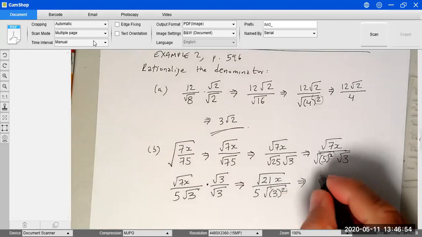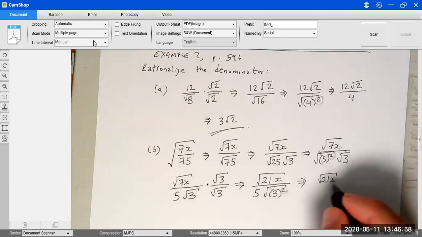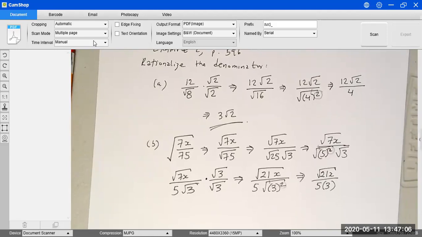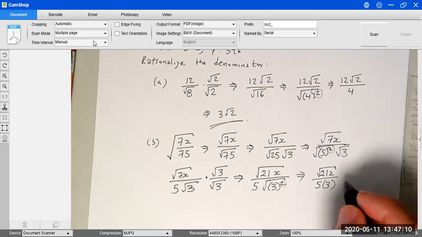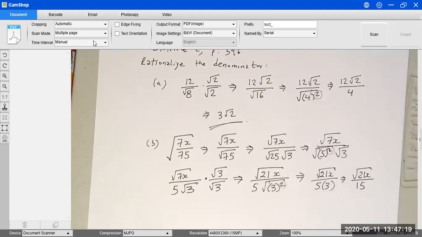So we're going to get the square root of 21x over 5 times 3, because 3 is what is going to be left after removing the exponent and the radical sign. So finally we're going to get the square root of 21x over 15, and I think that's the end of it.